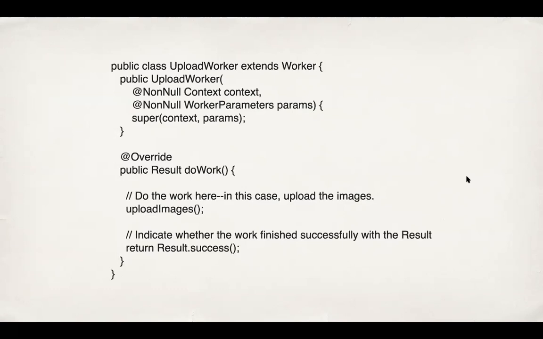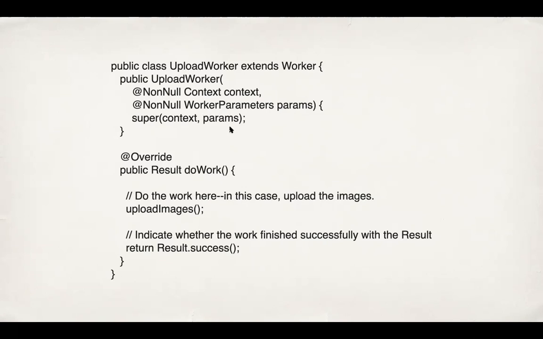Okay. So here is a class called Worker, which you'll have to extend and create your own worker to specify what you want to do. Okay, so it takes this constructor, which takes a context and worker parameters as its parameters.